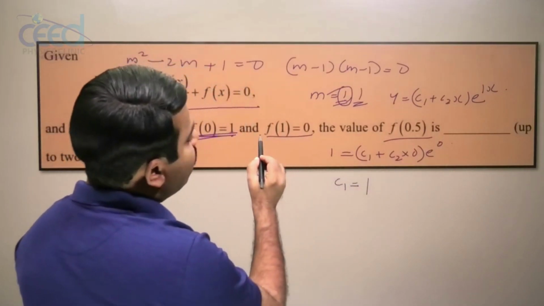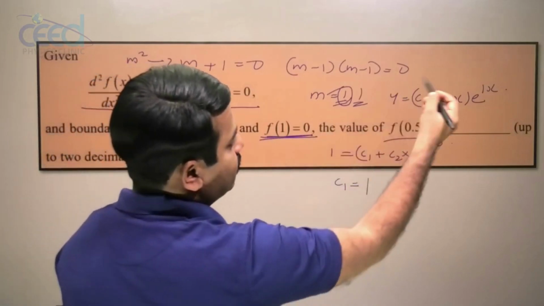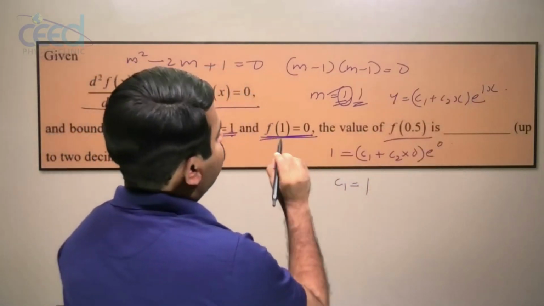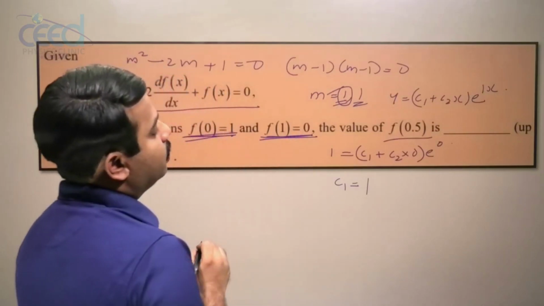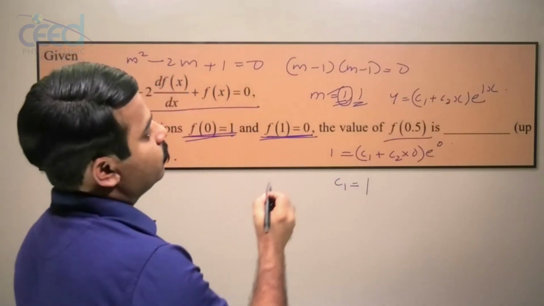After getting that, f(1) = 0, put x = 1, then this function value, that means f(x) value, this is only y.